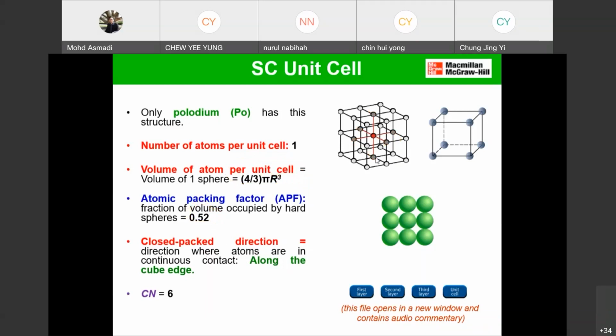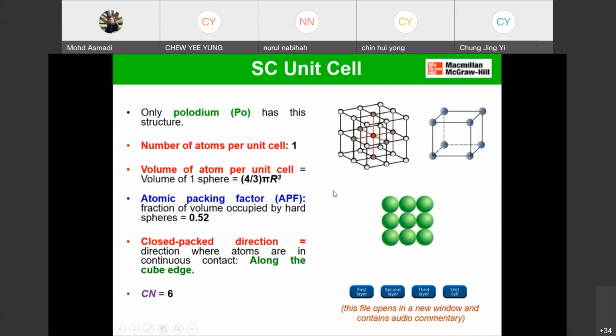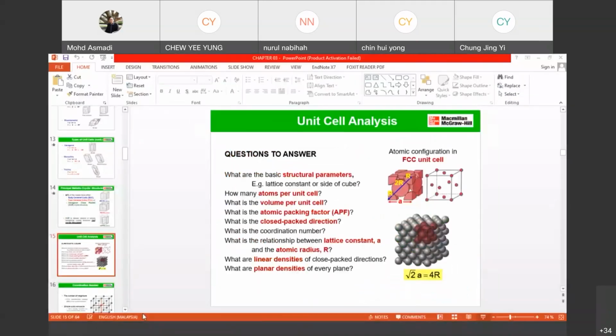Okay, let's see this video. Oh no no. Let me share this one. Wait, cubic close sphere. I don't know which one.